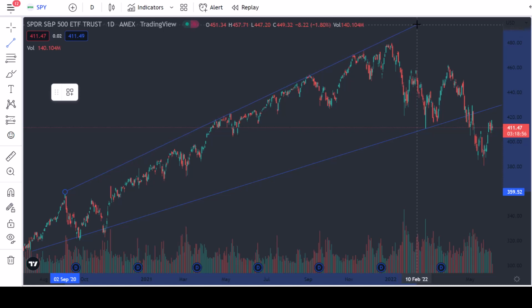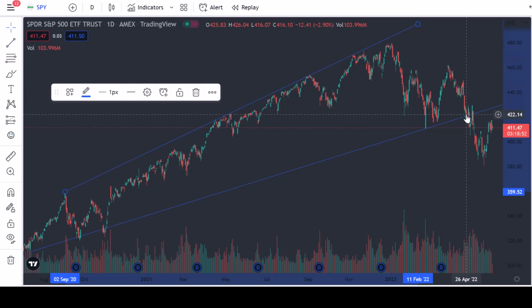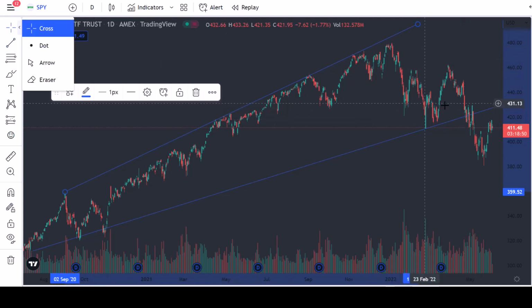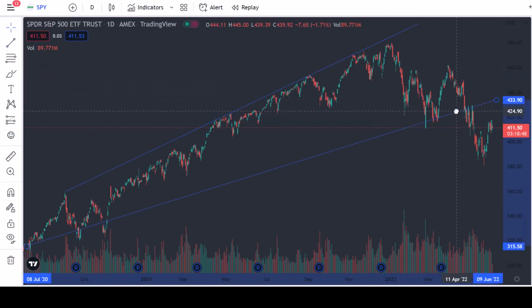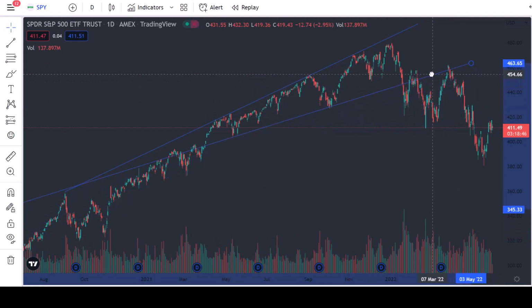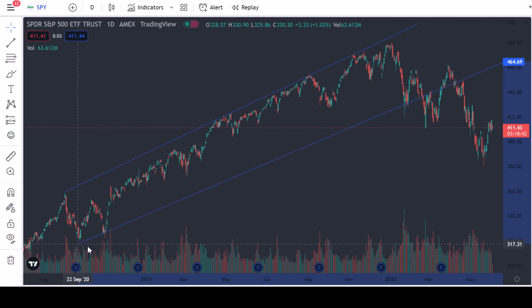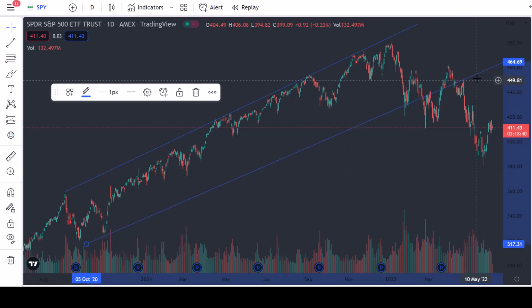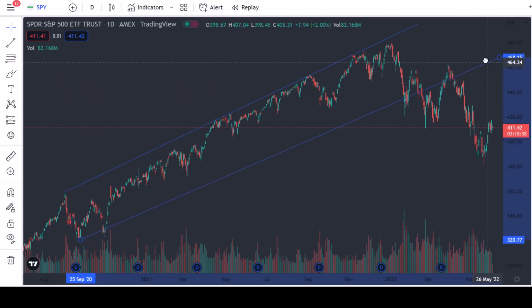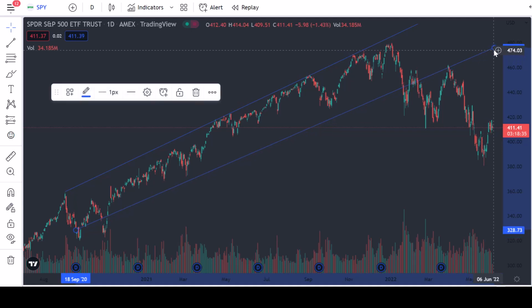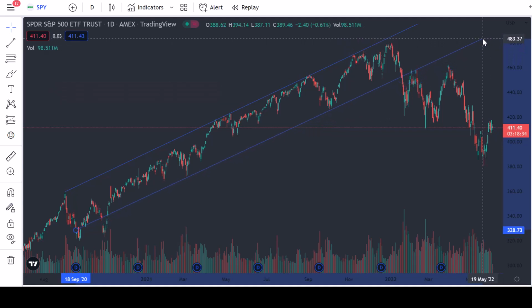So I'm going to go ahead and take some liberties into not knowing the future. I'm going to grab this line here, and I'm going to say that we are using this area here as a channel.